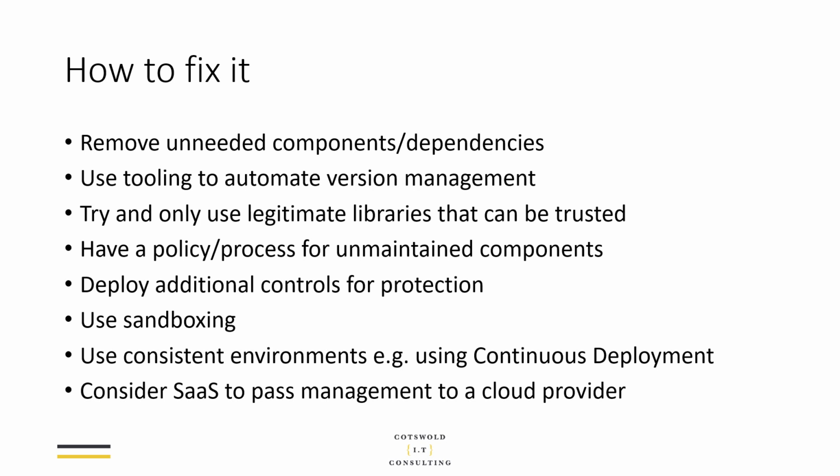And another maybe more modern way of mitigating the risk is to consider transferring the risk to software as a service, so that you don't have to maintain underlying operating systems or versions of software. So, for example, if you run Redis cache on your own machine, you've got to maintain the operating system, you've got to maintain the version of Redis and any other dependencies it has.